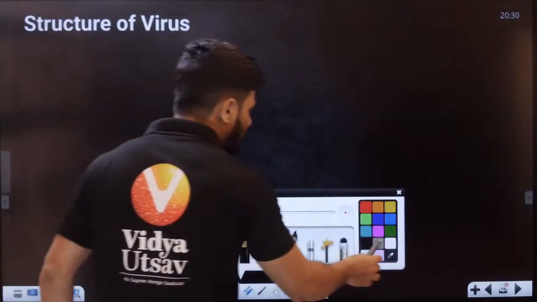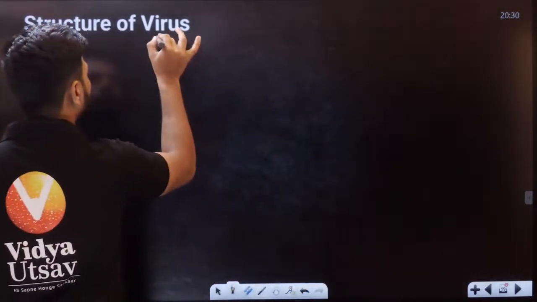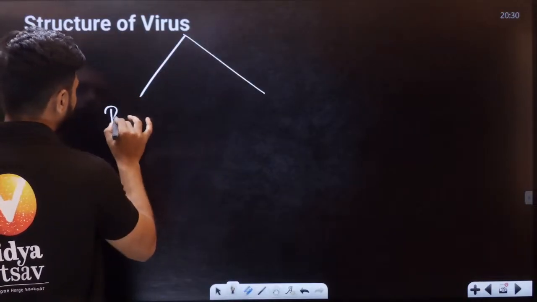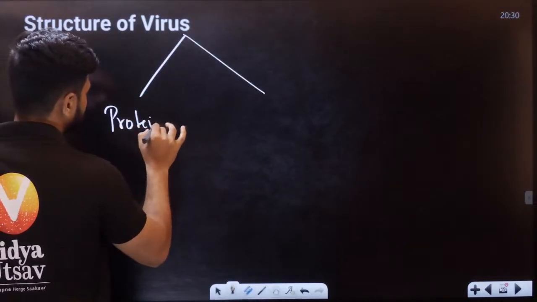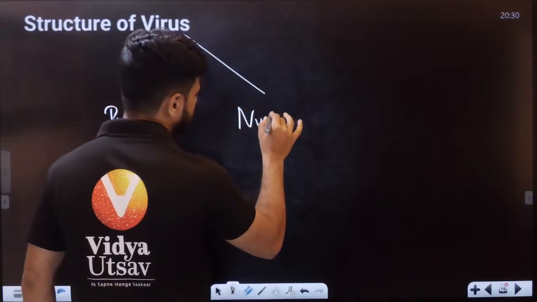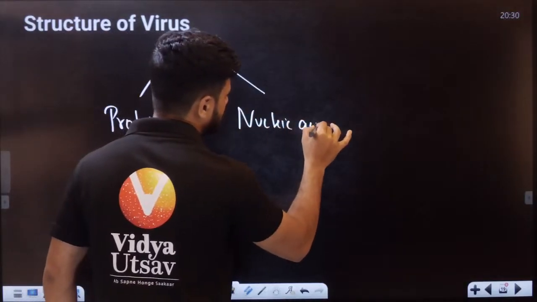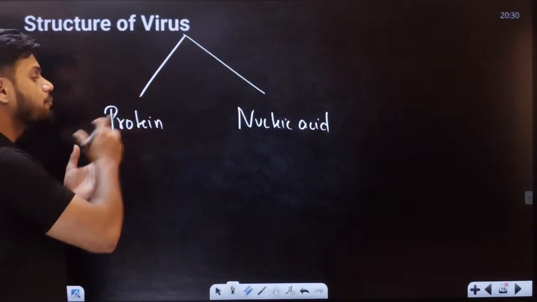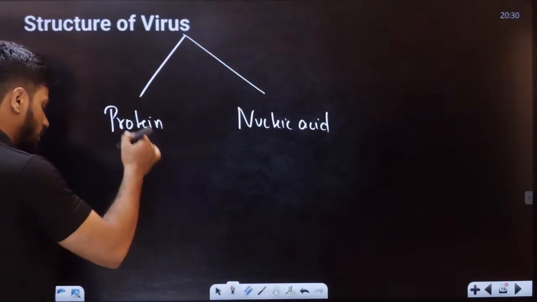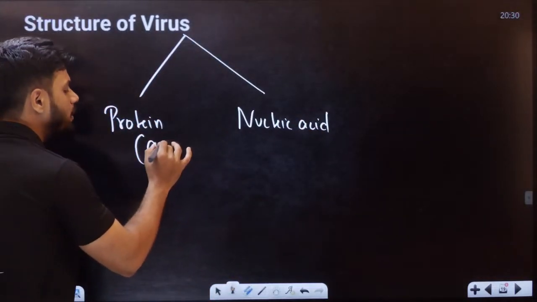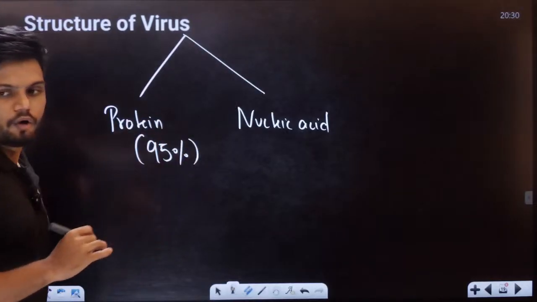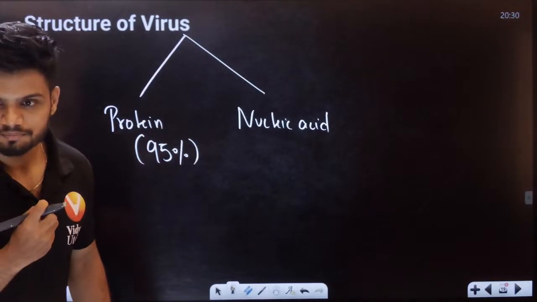Virus is made up of protein as well as nucleic acid. Now you might ask me, sir, how much is the nucleic acid? How much is the protein? Protein actually is around 95%. 95% of the body of a virus is protein itself.